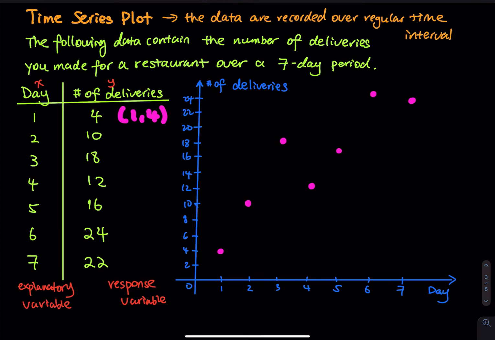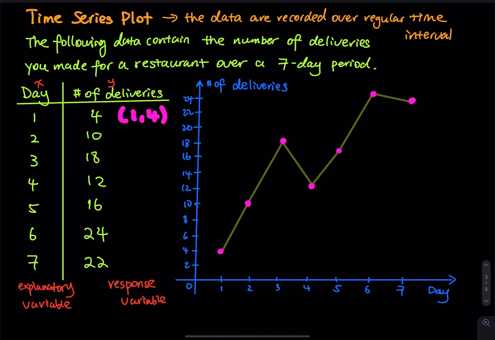One other thing you can do that is optional is you can draw a straight line to connect the dots. So let me do that for you right now. From day 1 to day 2, and then from day 2 to day 3, day 3 to day 4, and then day 4 to day 5, day 5 to day 6, and then from day 6 to day 7.